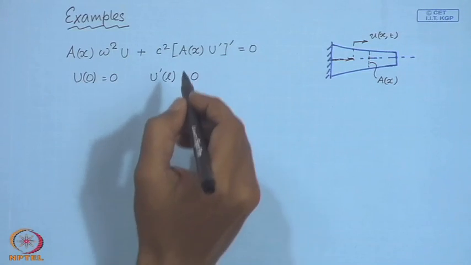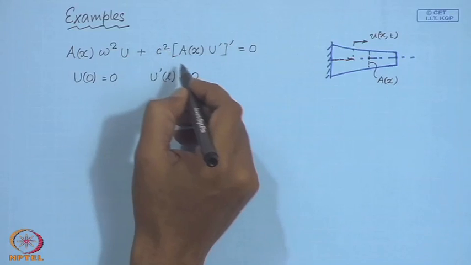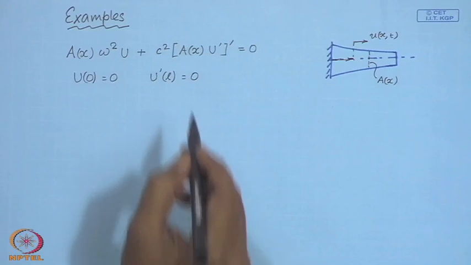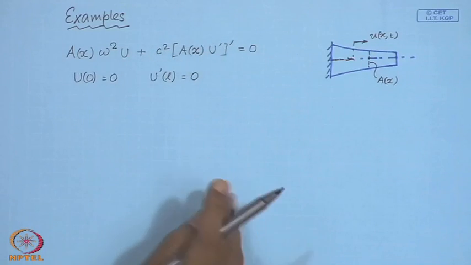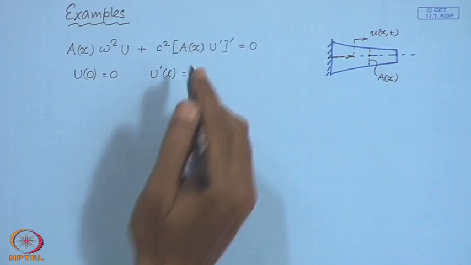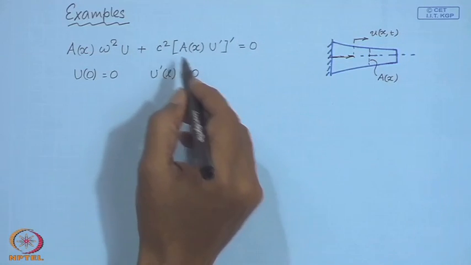Now, let us check that this stiffness operator that we have here is really self adjoint.